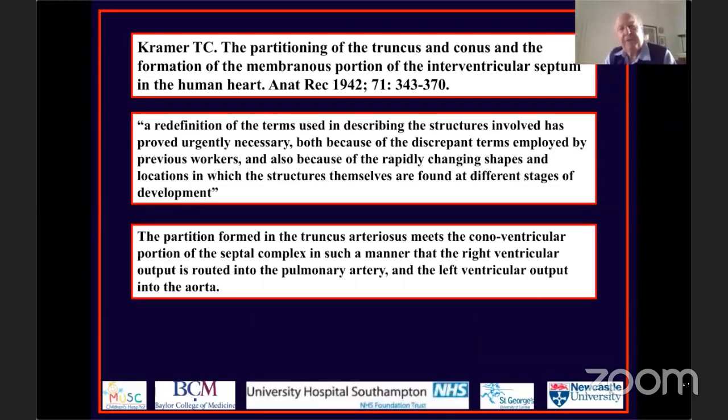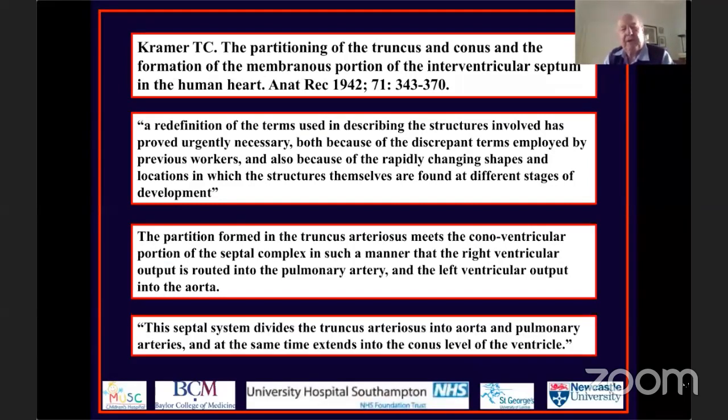And here is what he came up with. He said that the partition formed in what he called the truncus arteriosus meets the more proximal part of the outflow tract, which he called the conoventricular portion, so that the right ventricle ejected its blood into the pulmonary circulation, the left ventricular output reached the aorta. But this is the key, because he said the septal system divides the truncus arteriosus into the aorta and the pulmonary arteries.